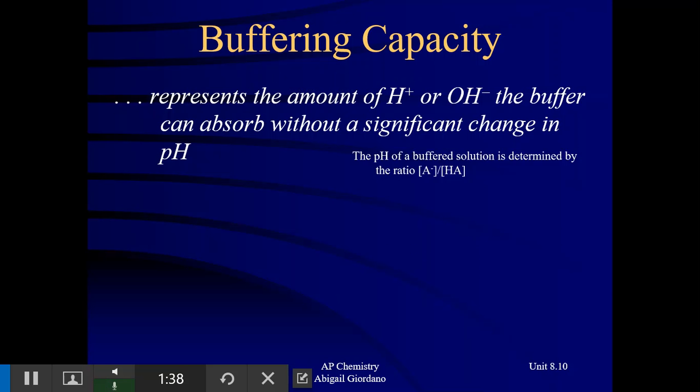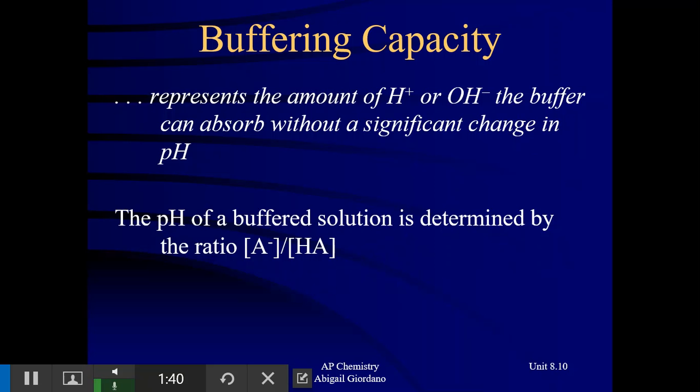And if you'll remember, we said in the last unit that if you're dealing with a buffer system, you can use the Henderson-Hasselbalch equation, which is on your equation sheet. The pH of a particular buffer system is determined by the ratio A minus over HA, or base over acid.